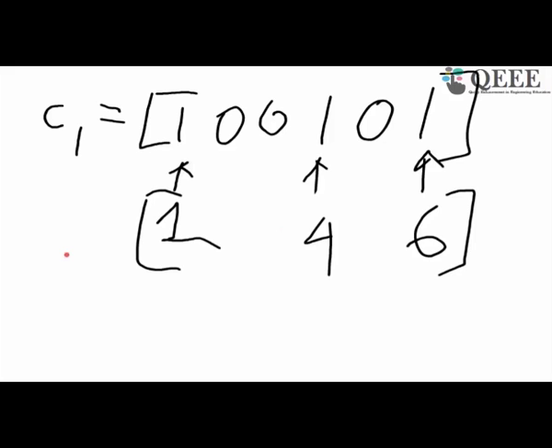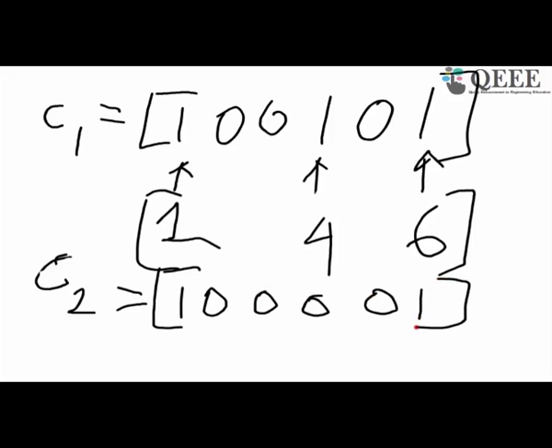I'll give you an example. Take another code word C2. This is another code word. The support vector here is 1, 6.